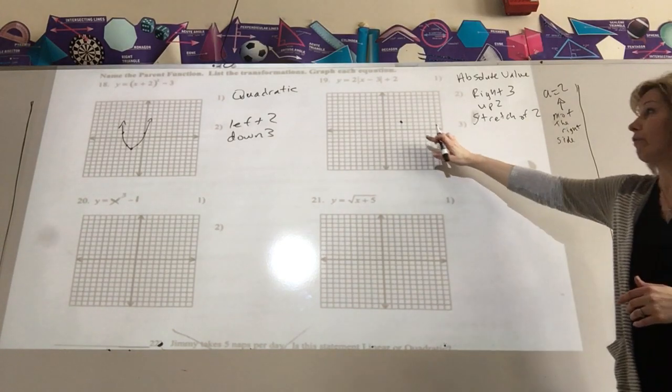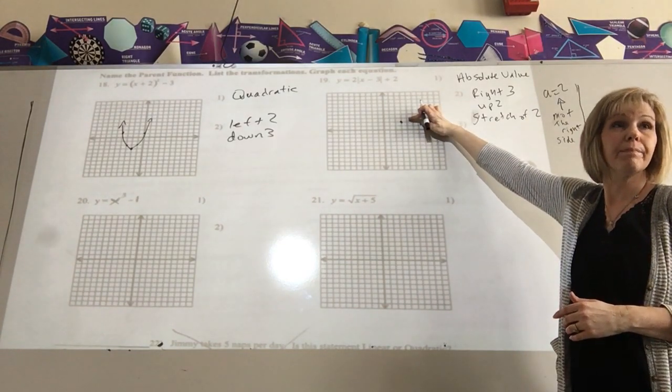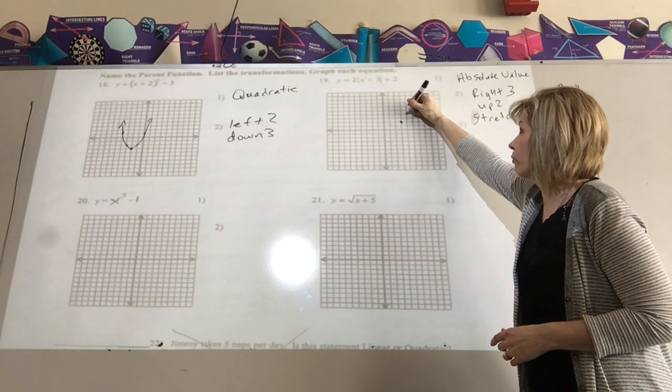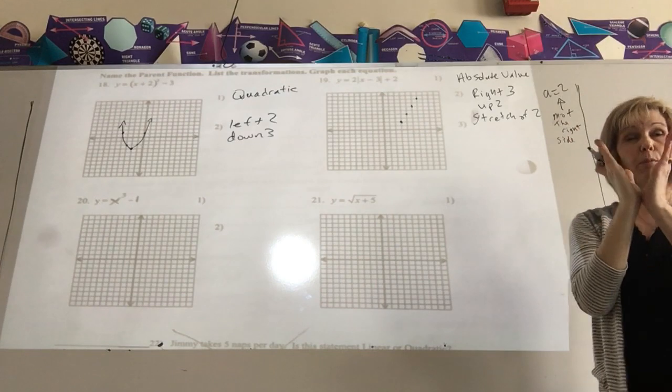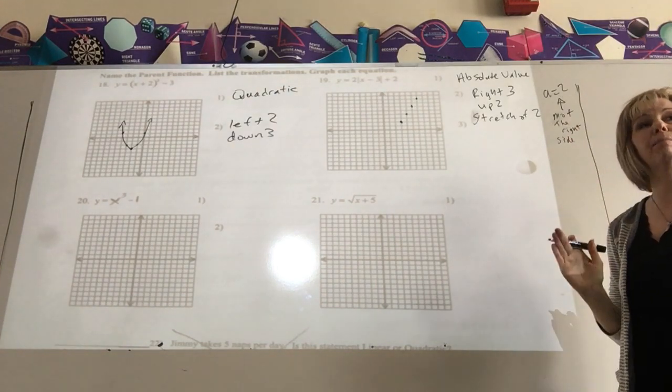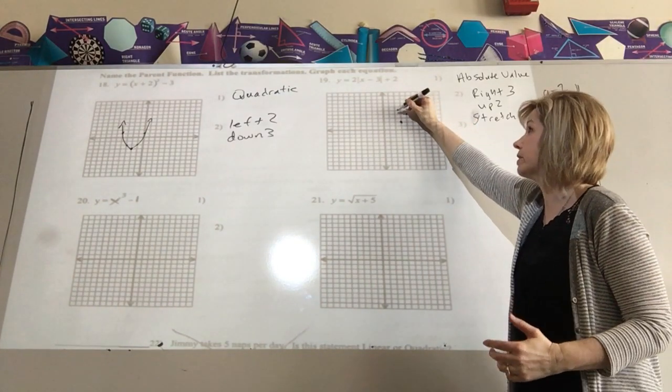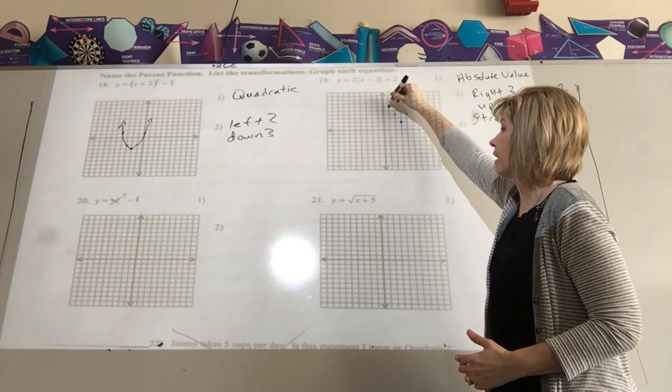So if you go over 1, I have to go up what? 2. Up 2 over 1. So I have that slope of 2 on the right side, and it's symmetrical. So I go up 2 into the left 1.